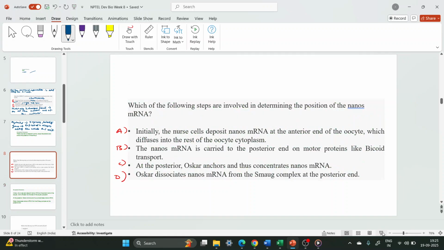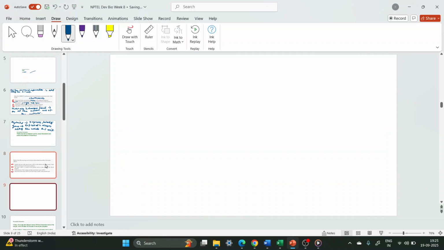First of all, we need to know how nanos mRNA is positioned in Drosophila. The first step is deposition. That is, nanos mRNA is provided by the nurse cells and it enters the oocyte.